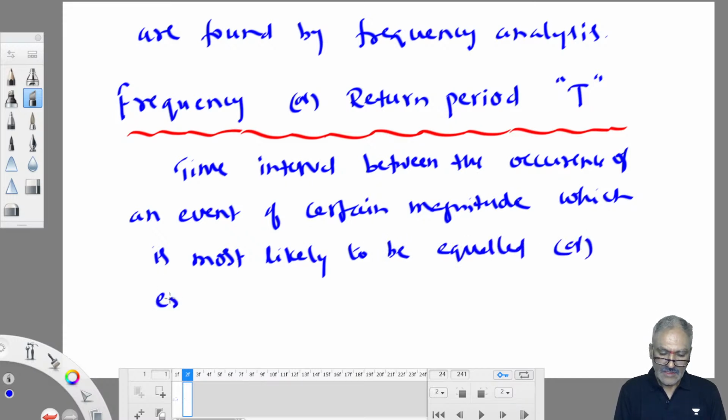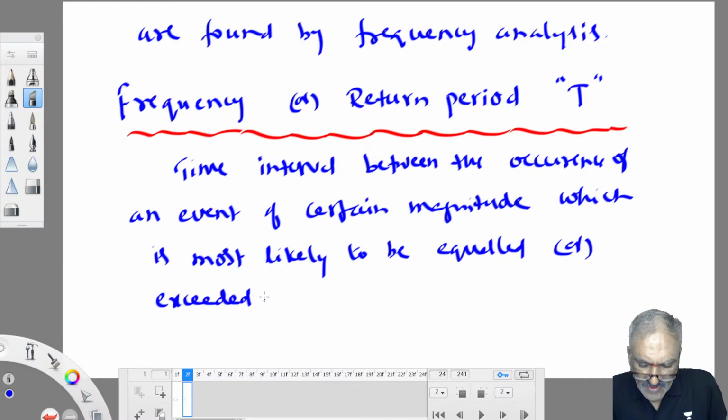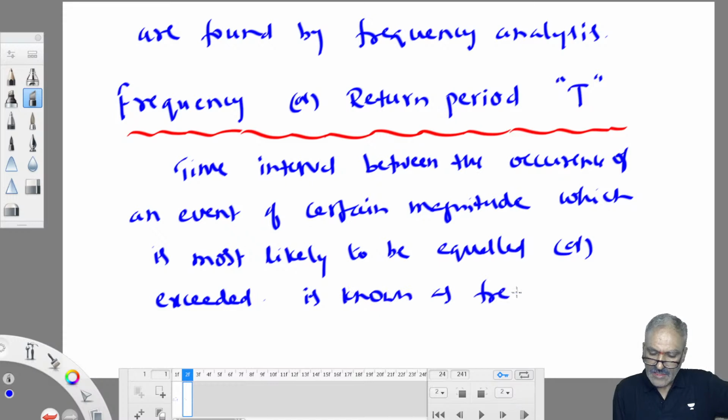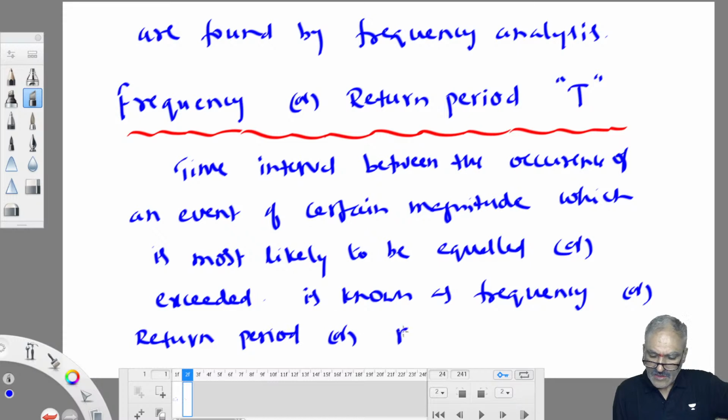Equaled or exceeded during its life period. The time interval between the occurrences of an event of a certain magnitude which is most likely to be equaled or exceeded is known as frequency, return period, or recurrence interval. Understood? Hope it is clear to you now. Any doubt? You can type your doubts there.